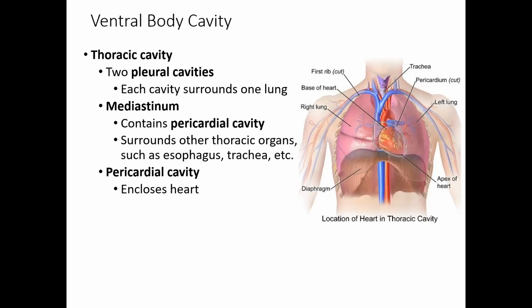So in this region in here, you're going to see the superior vena cava, the aorta, the pulmonary trunk. All these are the great vessels coming out of the heart. Plus you've got the esophagus and trachea right in here. But then the mediastinum, which is this whole area here, also has a cavity just for the heart, the pericardial cavity.